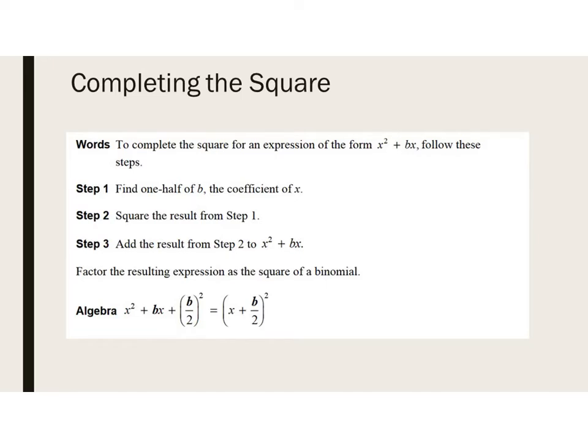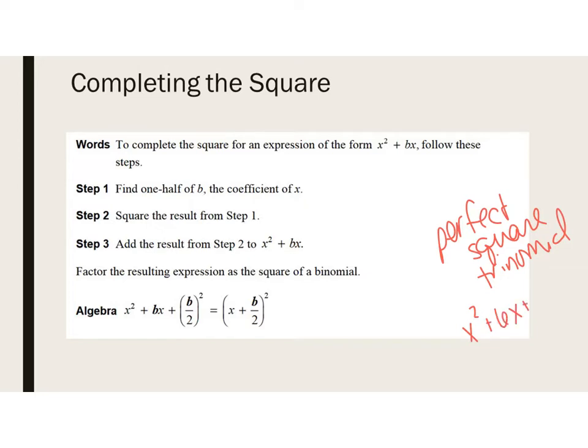Completing the square itself, like the process of completing the square, creates what we call a perfect square trinomial. And you've dealt with these before. A perfect square trinomial, an example of one, would be x squared plus 6x plus 9. The benefit to when you factor a perfect square trinomial is that they factor into two of the exact same thing.